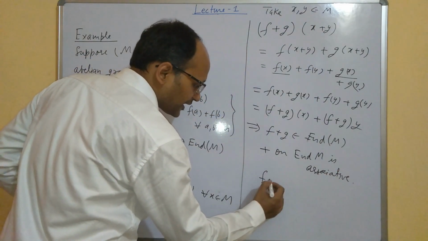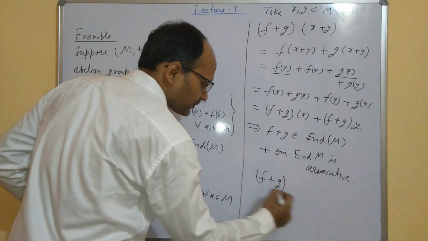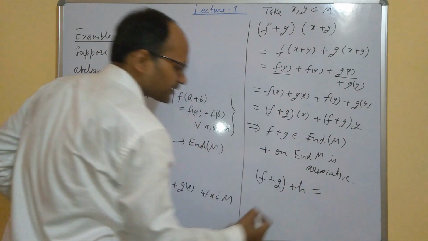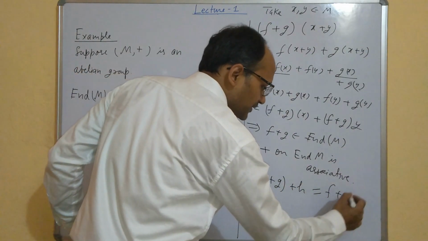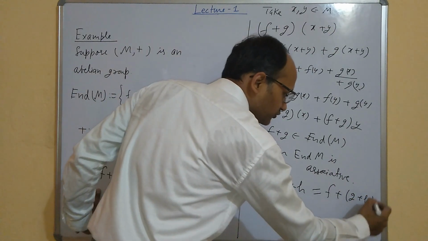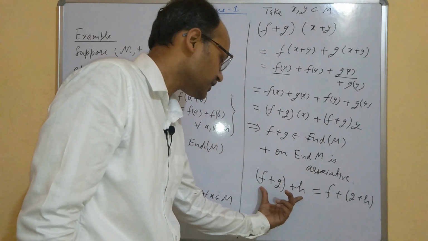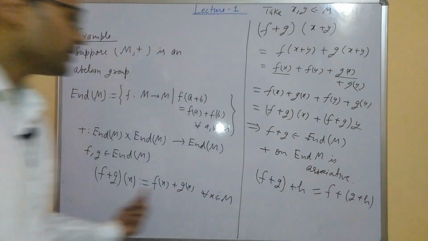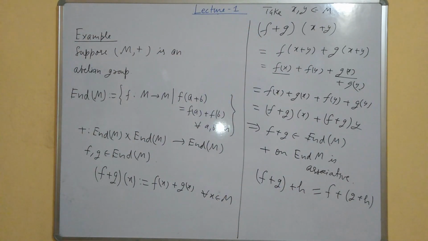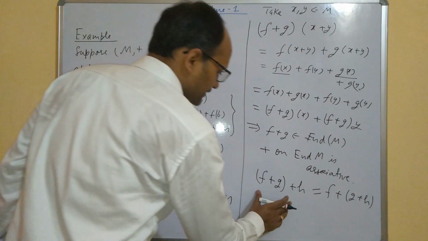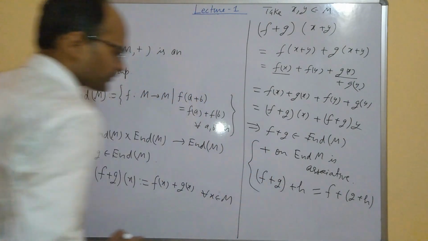For that you need three elements f, g, h, and you have to show that (f + g) + h is the same thing as f + (g + h). To show that two maps are equal, you need to determine the image under this map and this map, and both images will be equal. This is the exercise for you.